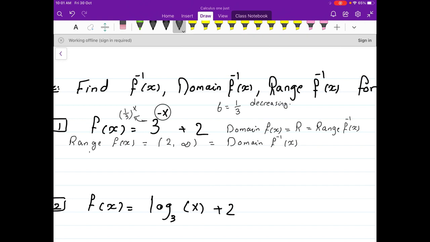The procedure to find the inverse: let y equal 3 to the power minus x plus 2. You want to solve for x in terms of y. y minus 2 equals 1 over 3 to the power x.